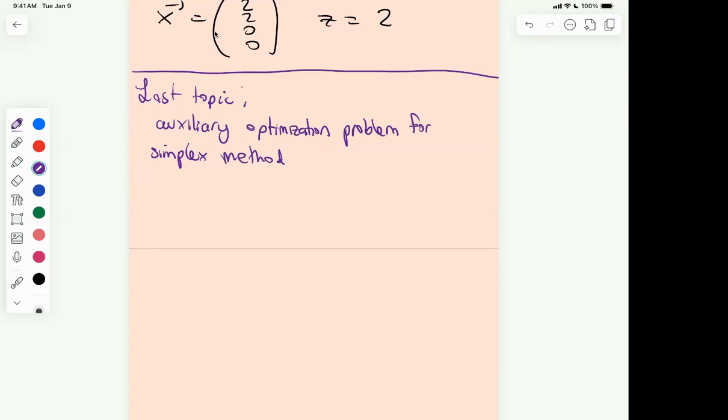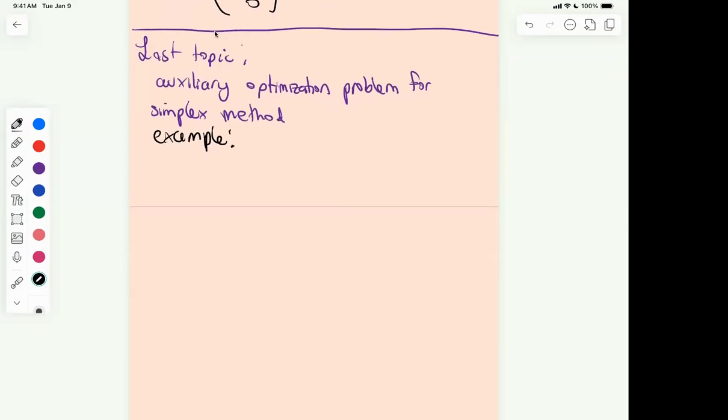Okay, so let me illustrate this with a picture. Again, let's start with a picture on the plane because it's easier to understand. Let's say x1 plus x2, x1 greater or equal to 0, x2 greater or equal to 0.